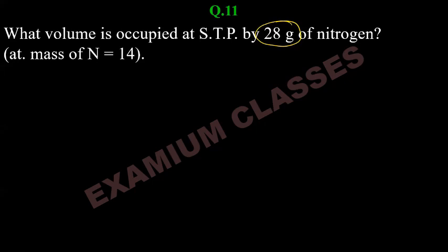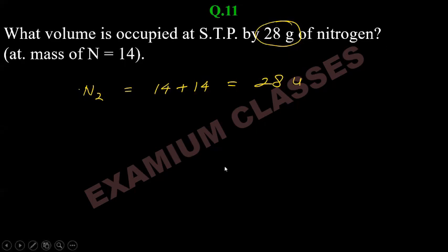Yes. So if it exists as a molecule, it means its mass will be 14 plus 14, that is 28 u, not 14 u. Now tell me what will be the volume occupied at STP by 28 grams of nitrogen. 22.4. Right, now you got it correct.